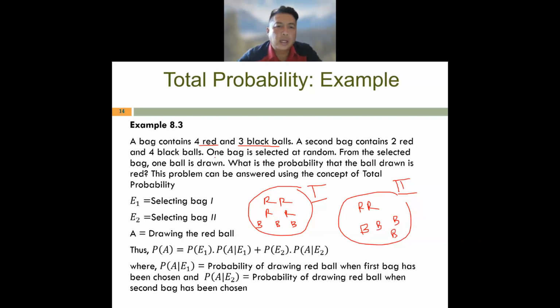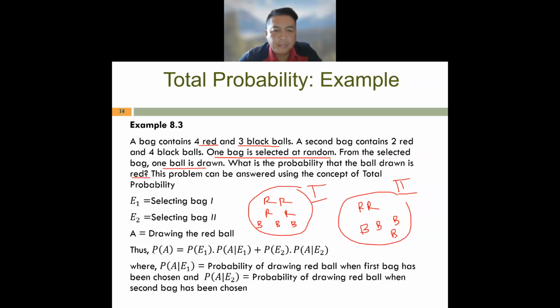The situation is one bag is selected at random. So this is the first event. From the selected bag, one ball is drawn. So this is the second event. What is the probability that the ball drawn is red? This problem can be answered using the concept of total probability.